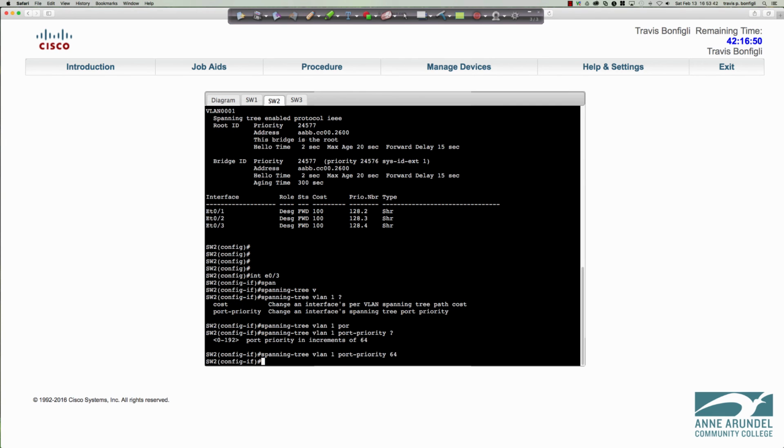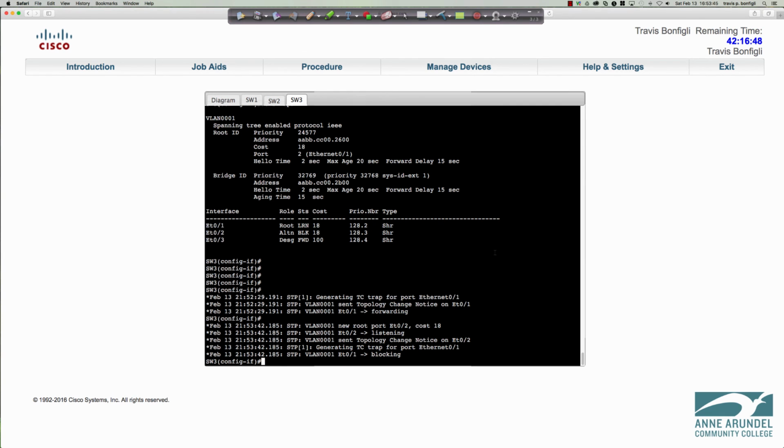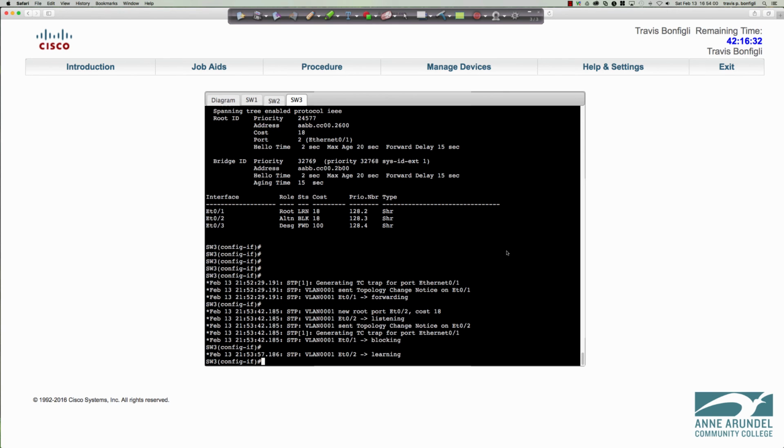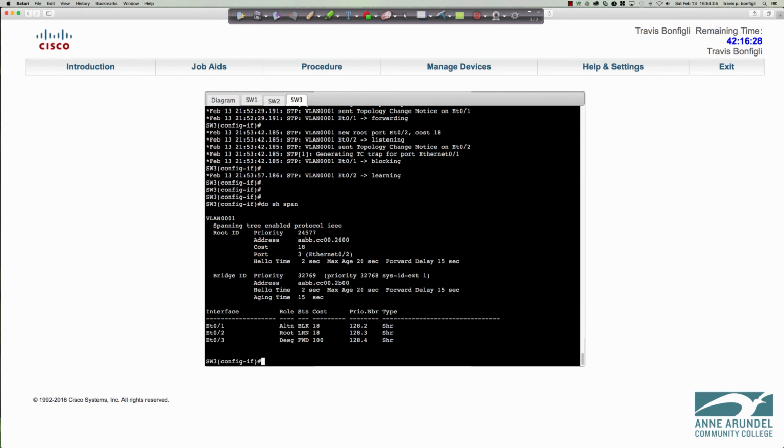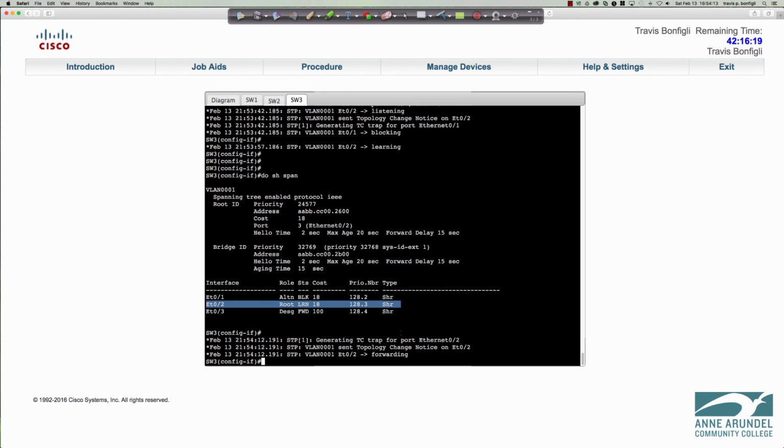And let's go back to switch 3 where we've got some debugs and take a look at what's happening right now. Ethernet 01 no longer sees a lower upstream port ID on Ethernet 01 on switch 3 because it's changed. We changed it so that the lower upstream port ID, do show span, is now seen from switch 3 on Ethernet 02, right?